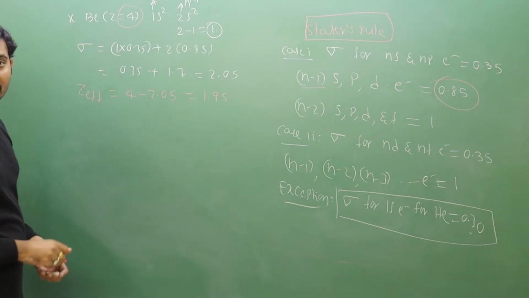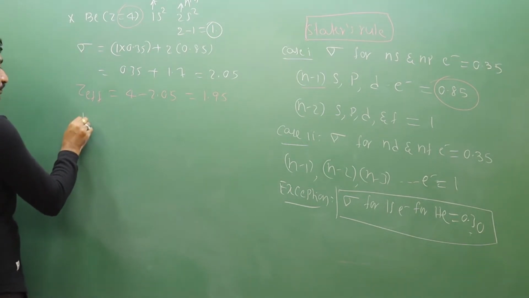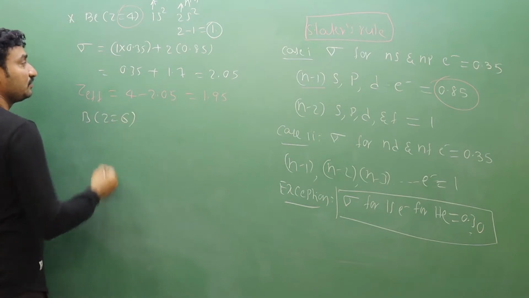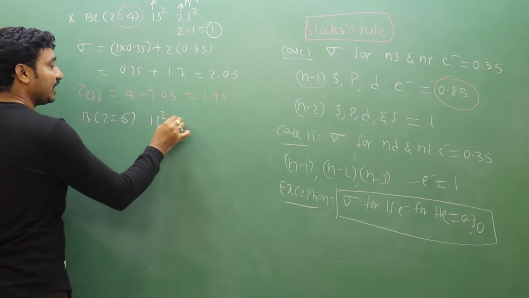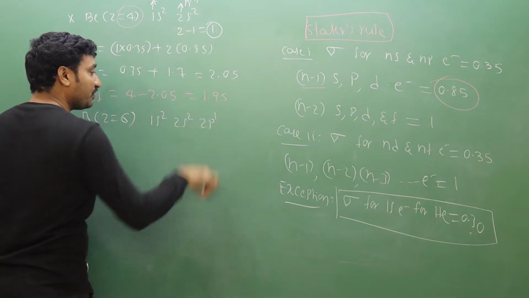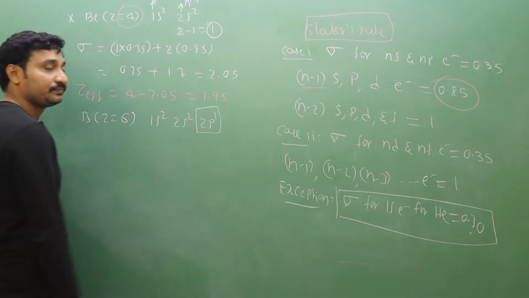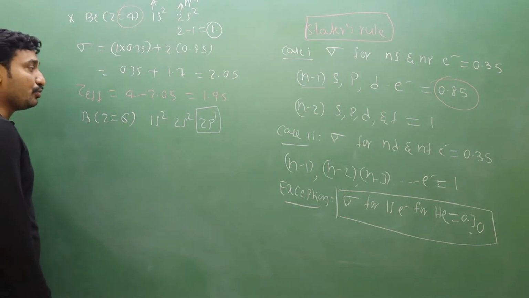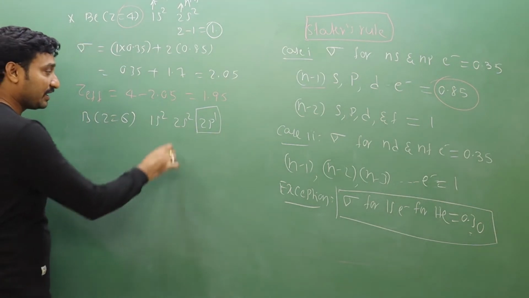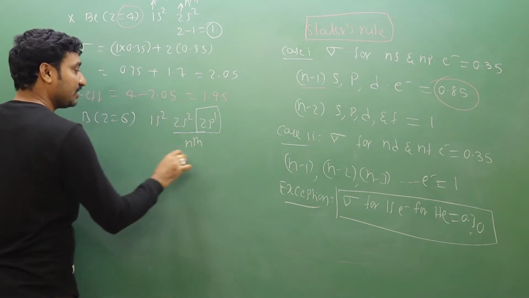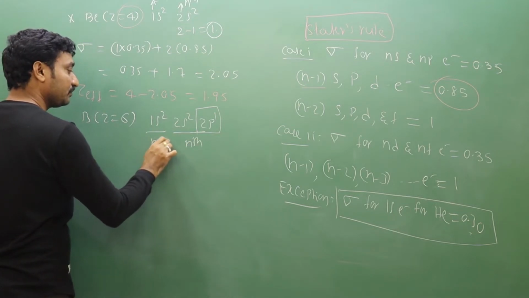Next, boron. Atomic number 5, electronic configuration 1s2 2s2 2p1. We calculate sigma for the 2p electron. You exclude this electron. Remaining, this is the nth shell and this is n minus 1.